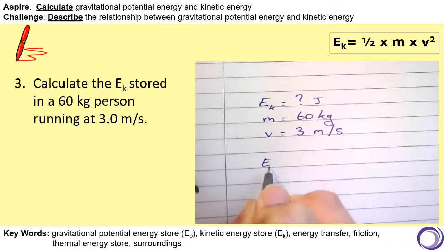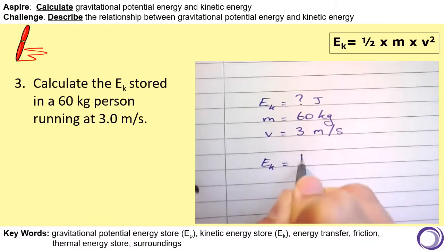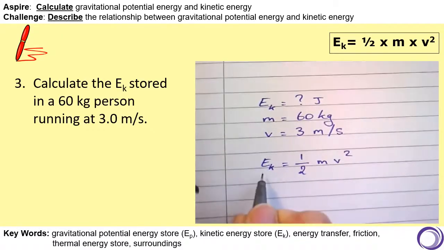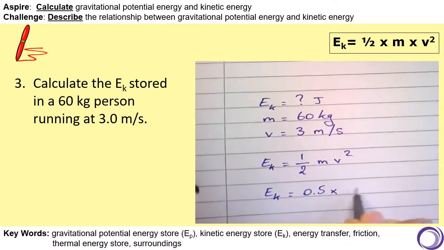So now I write my equation. Remember, you need to show your working out, and you need to get into the habit of doing that. So EK equals half mv squared. Substitute the numbers in now. EK equals 0.5 times the mass, which is 60, times the velocity squared, which is 3 squared.